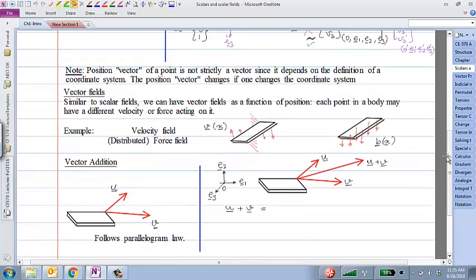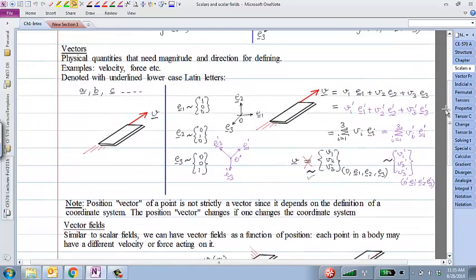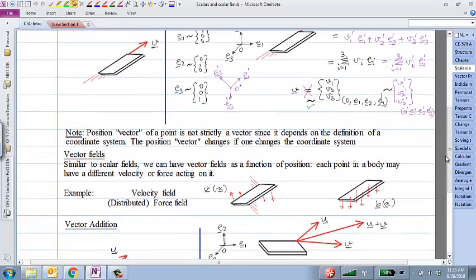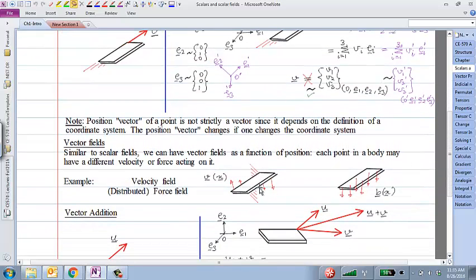In the same way that we have scalar fields, you remember we talked about temperature at a point, density at a point of a body, in the same way, vectors also occur as fields. For example, I could have a body that could be going with a constant or uniform velocity. Each and every point of this body may have the same velocity, or I might have a deformable body.